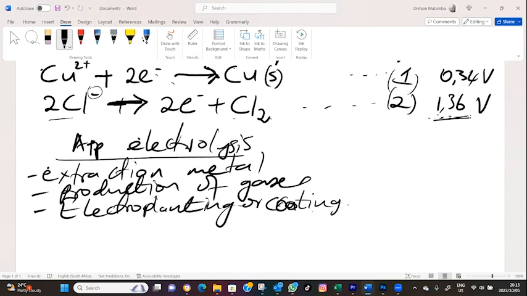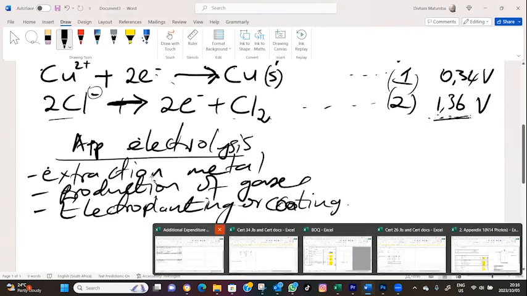Now, moving right along, we're gonna talk a little bit about galvanic cells.